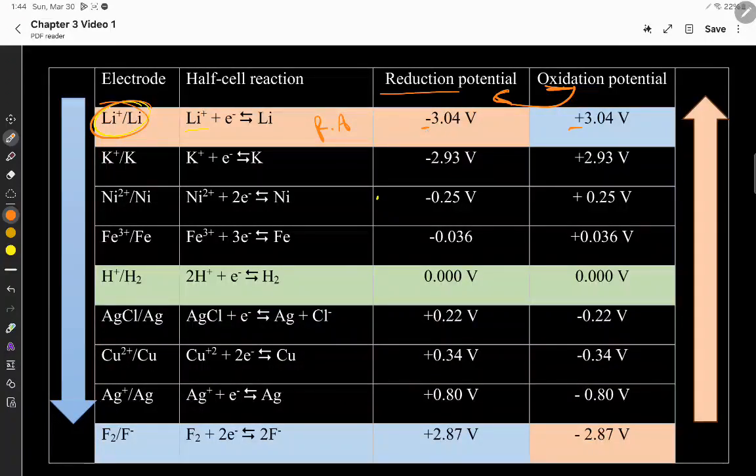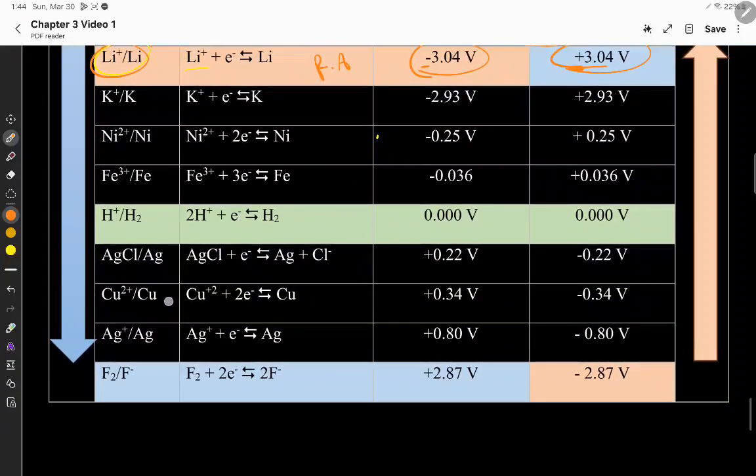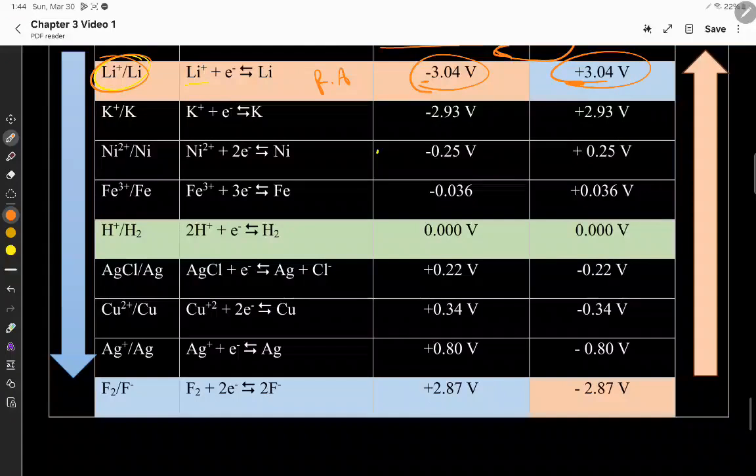So the reduction potential of lithium is negative 3.04, but the oxidation potential of lithium is positive 3.04. Now here, if we look down, the reduction potential of fluorine is positive 2.87, but the oxidation potential of fluorine is negative 2.87.